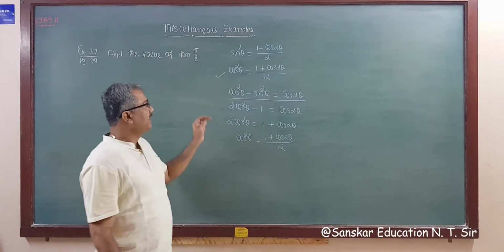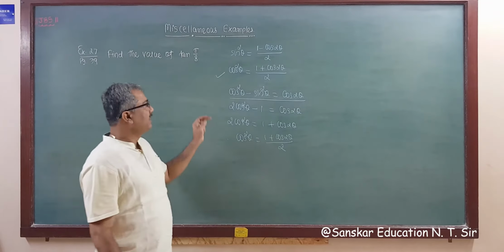Taking these to the left hand side and these to the right hand side, minus becomes plus and plus becomes minus. So again making the subject, we get sin square theta is equal to 1 minus cos 2 theta by 2. So this is another formula, sin square theta is 1 minus cos 2 theta by 2.